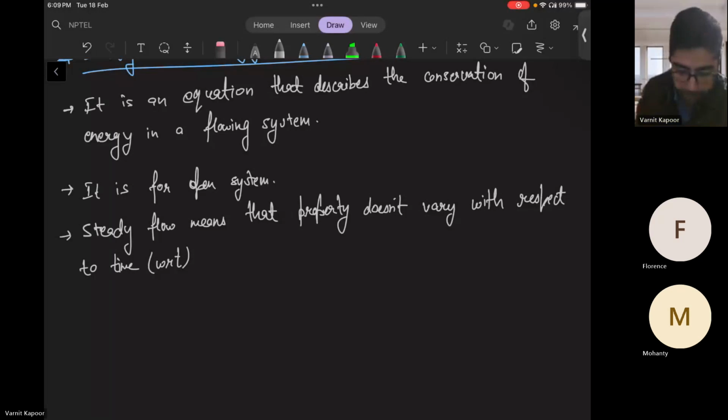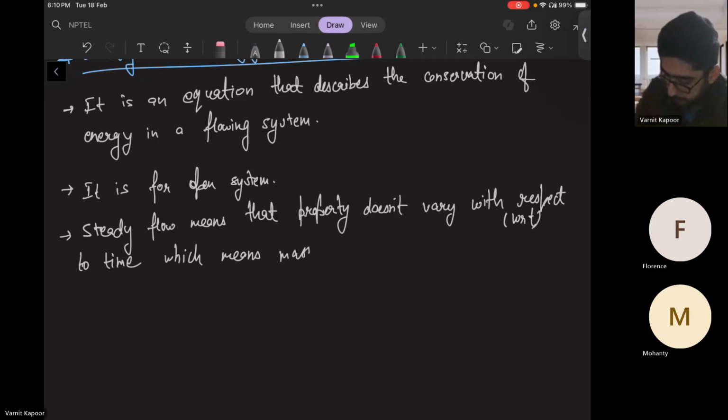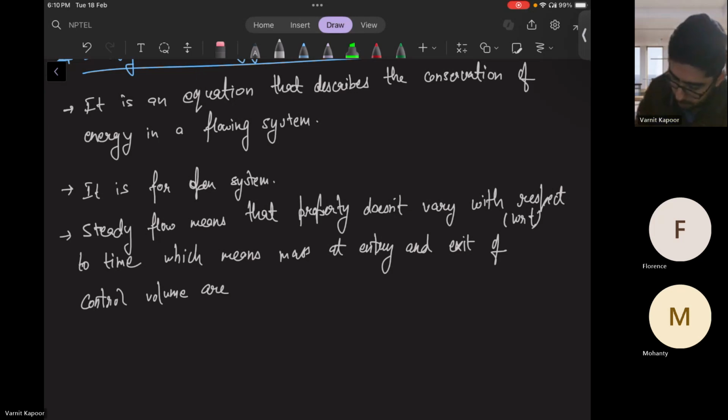Which means mass at entry and exit of the control volume are the same.